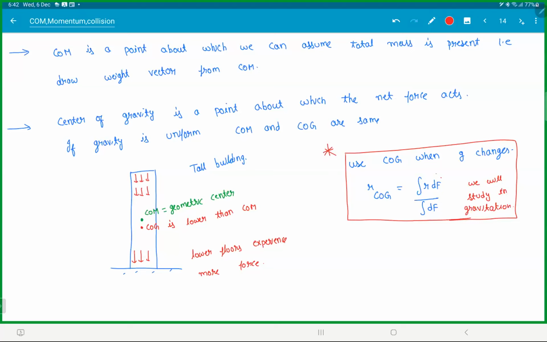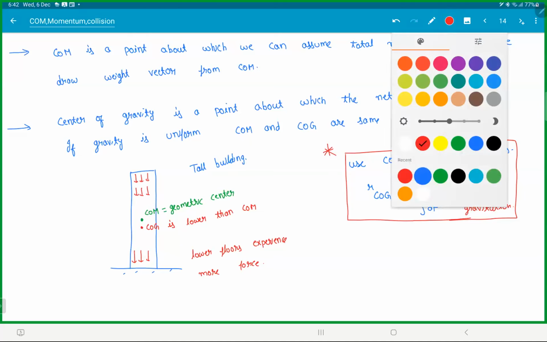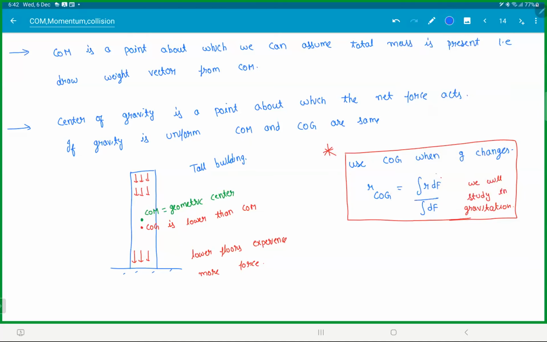But there is something called center of gravity. If you ask me, among center of mass and center of gravity, theoretically which is stronger, center of gravity makes more sense. Difficult to study, but clear with this?